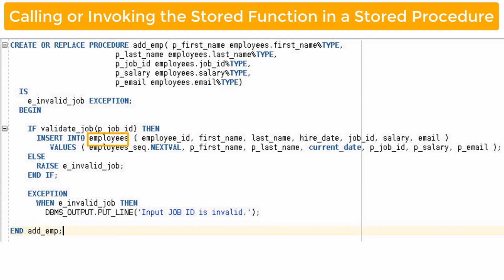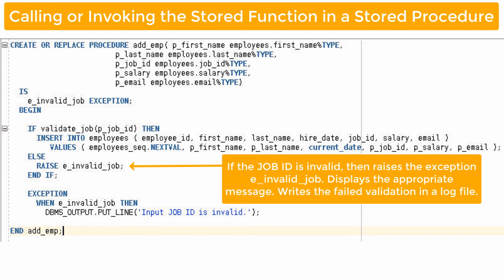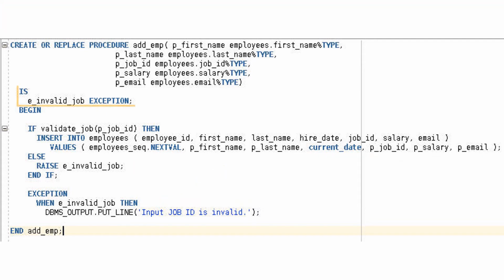And if the job ID is invalid, then the stored procedure raises the exception e_invalid_job and displays the message input job ID is invalid. It also writes the failed validation in a log file. The exception is declared in the declarative section of the stored procedure.